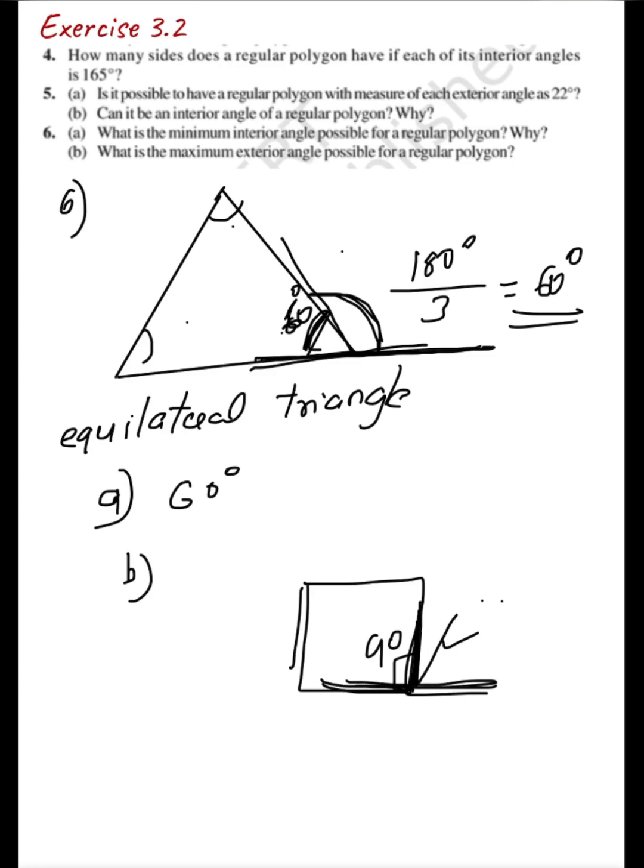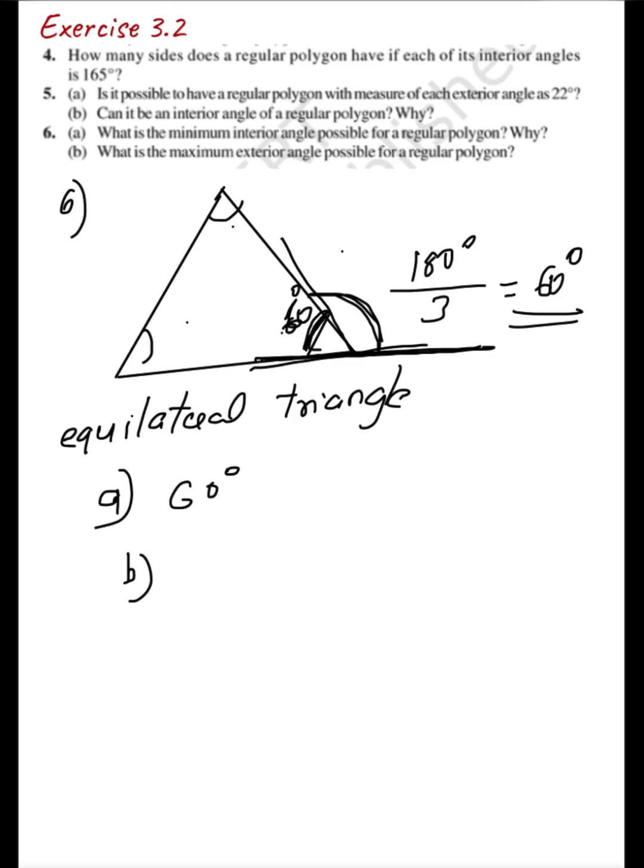That is, with each increase in interior angle, exterior angle will get decreased. So in this question, from question A, you understood that equilateral triangle has the minimum interior angle when considering the regular polygon. So it will have the maximum exterior angle also.